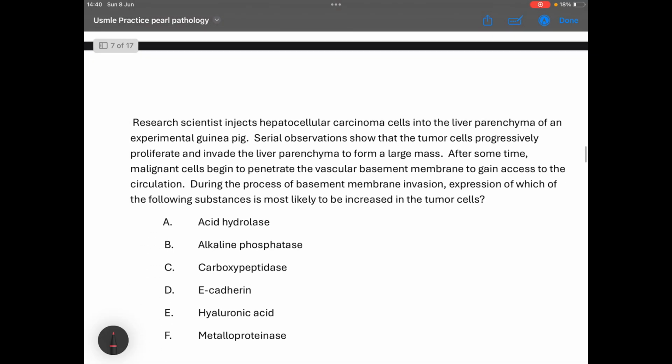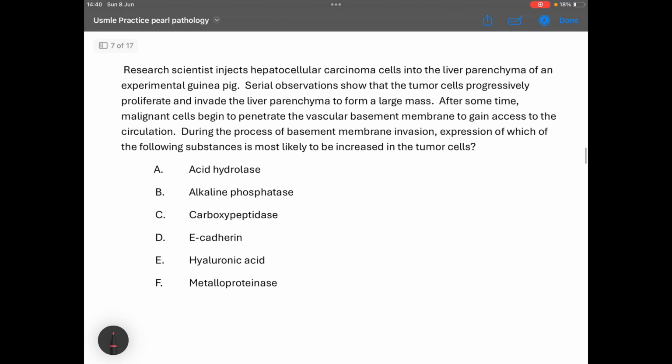The next question: a scientist injects hepatocellular carcinoma cells into the liver parenchyma of an experimental animal. Observation showed that the tumors progressively proliferate and invade the liver parenchyma to form a large mass.